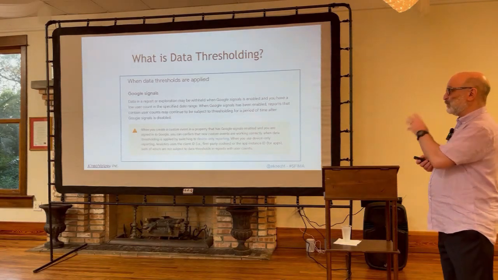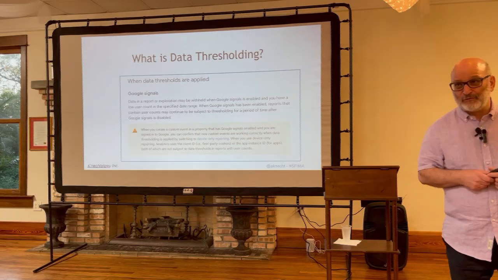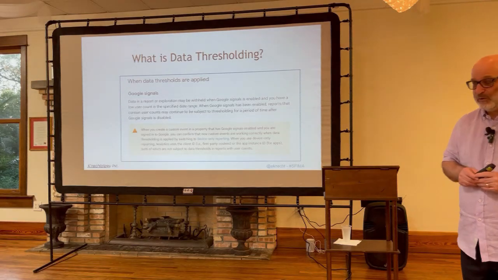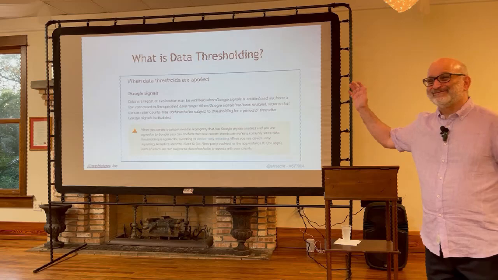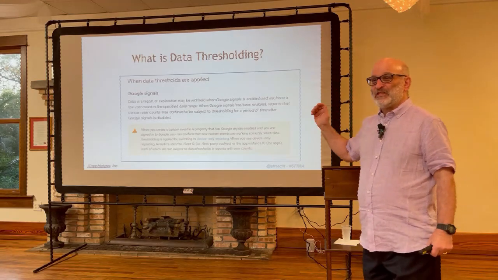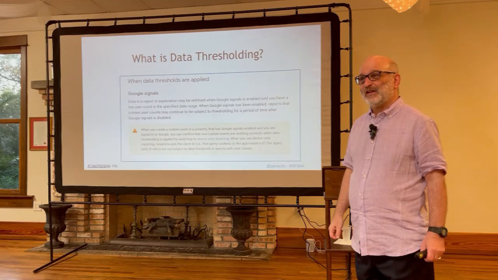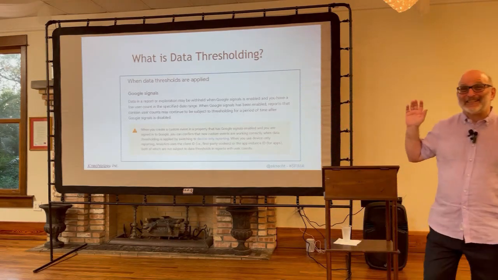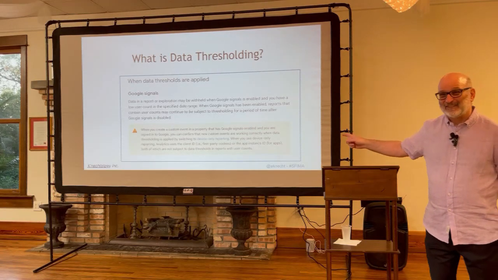GA4 has come up with Google Signals. And they finally revealed what Google Signals was, but when they first, about 2 years ago when they revealed it, they didn't tell people, and I guessed, and a lot of us guessed what it was. How many people here have Gmail accounts? How many people, when they signed up for it, realized there was a tick box that you're allowing Google to track you and send customized ads to you? If you said yes to that, you're now part of the Google Signal database.